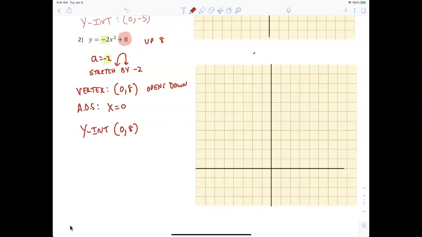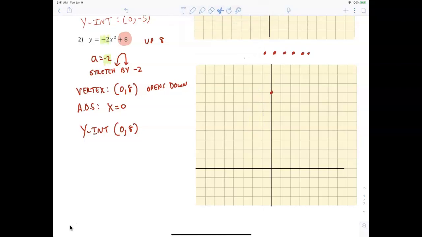All right, so what I'm going to do is plot some points now. I'm going to show you the movement. First thing, I'm going to take the first point and shift it up 8: 1, 2, 3, 4, 5, 6, 7, 8. From there, because a is -2, that means there's a vertical stretch of -2.